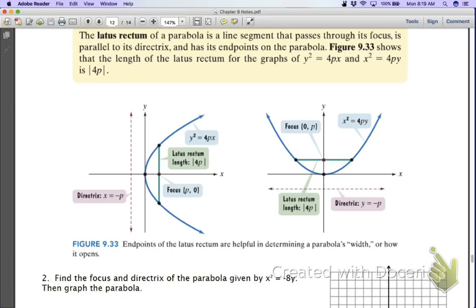Now, this part just talks about basically the length from your focus to your graph. Okay, it's the latus rectum. Okay, go ahead and get your giggles out now. Exactly. Okay, but it does use that word. It's really okay.